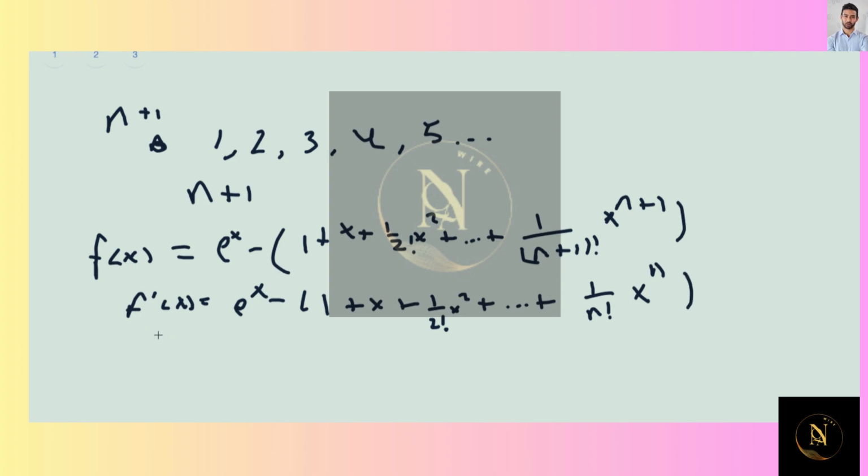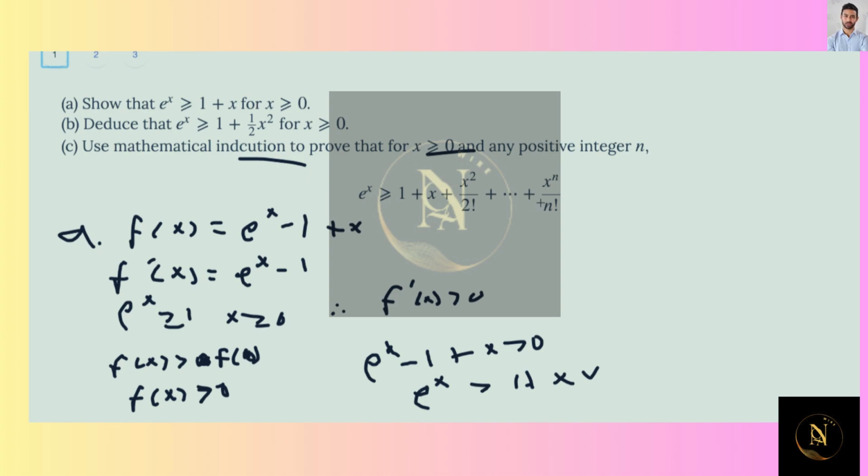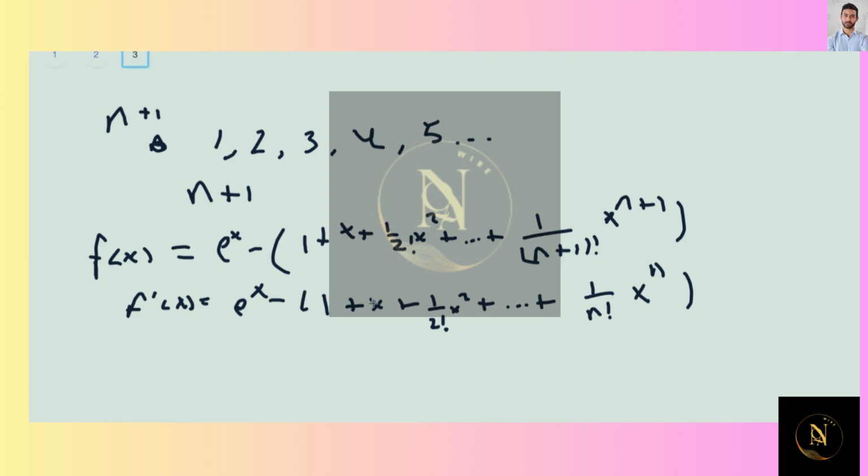We already know that f prime is greater than 0 from the previous proof. So we can go ahead and plug in that f of x is greater than f of 0, which in this case will be 0.